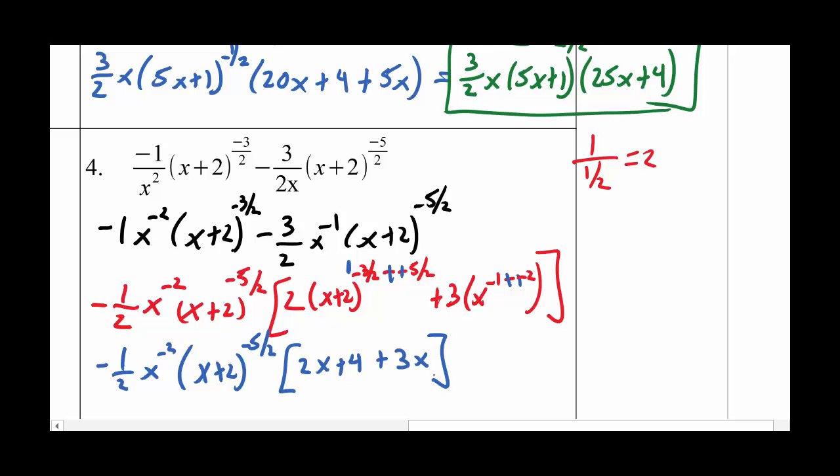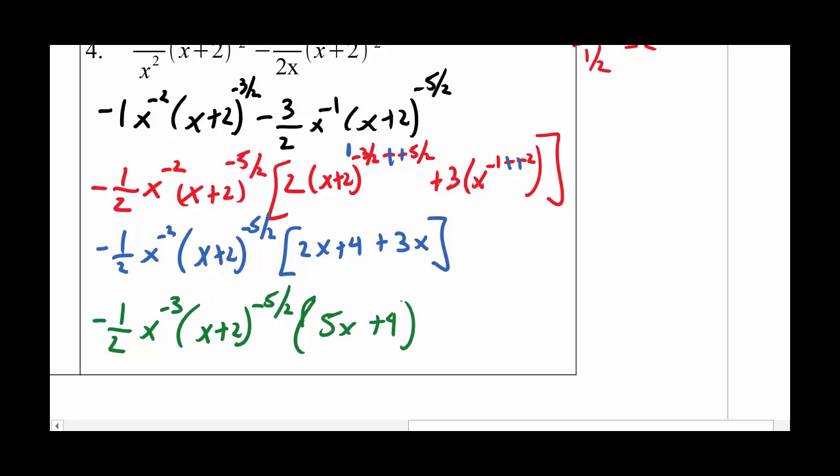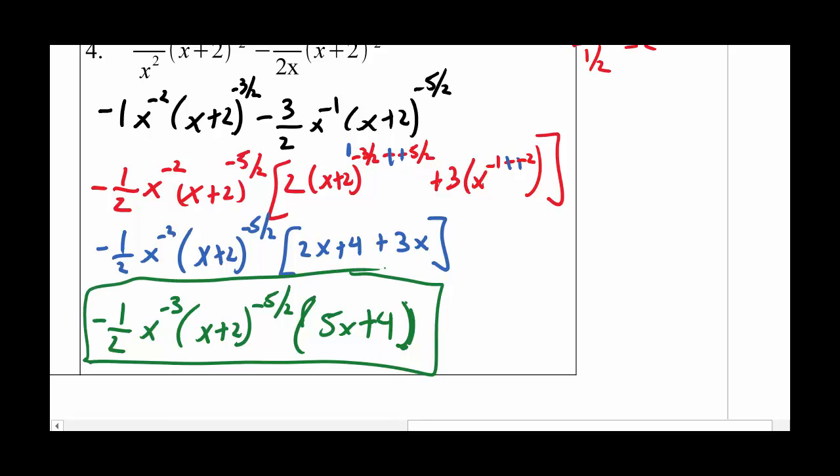And so I've got some like terms that I can combine. Yay! All right, so negative a half, x to the negative 3, x plus 2 to the negative 5 halves. 2x plus 3x is 5x plus 4. Okay. And so there's the factored form for that.